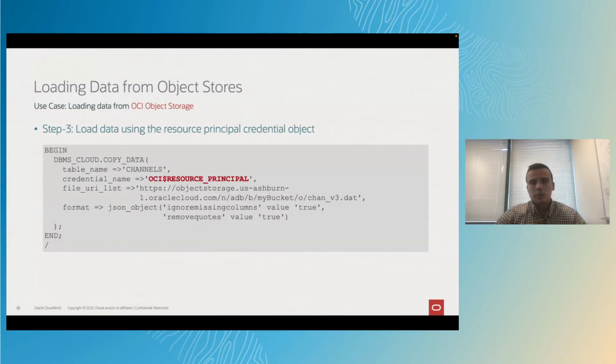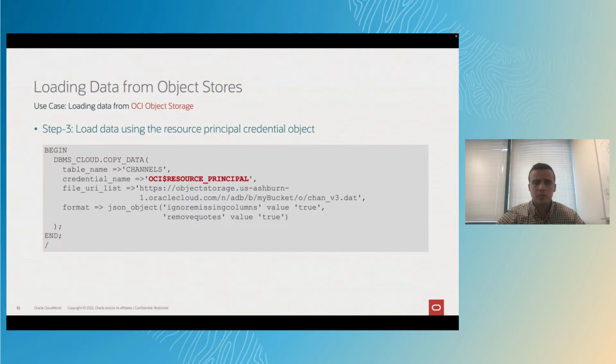Now that our resource principal is enabled, the next step is to load data from OCI object storage. For this, I'm using our PL/SQL API called DBMS_CLOUD.COPY_DATA. In this API, I have the table name, and we are loading into our table called channels. We have the credential name, our file URL, which points to our object storage bucket, and some formatting parameters.